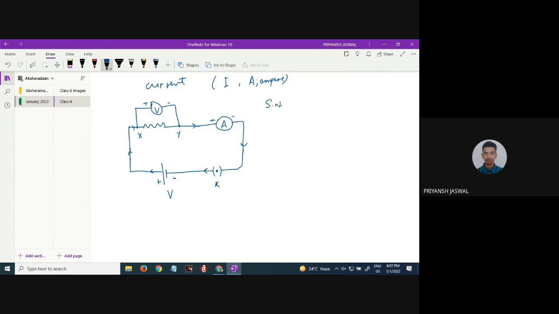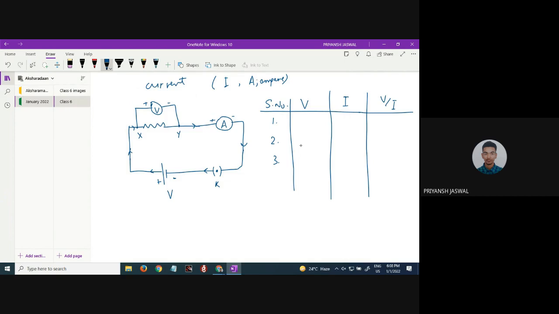So let's create a table here: voltage, current, and the ratio of these two. We are doing this experiment to find out if there is any relation between the voltage and current for a given piece of resistive material.